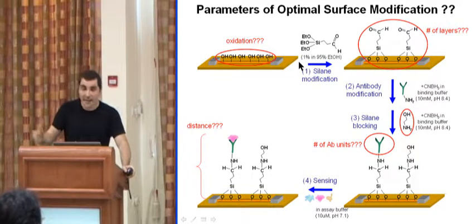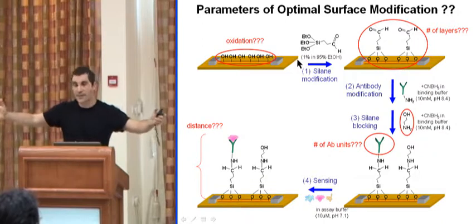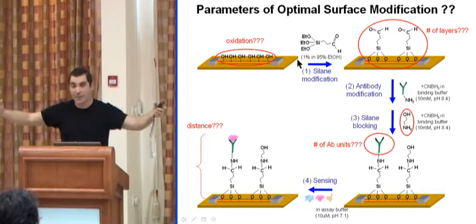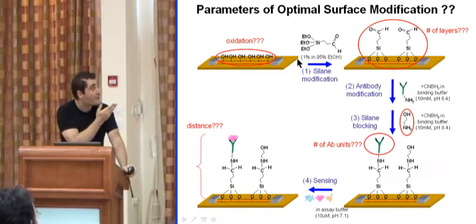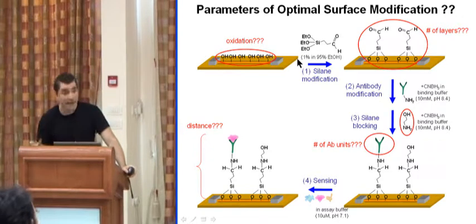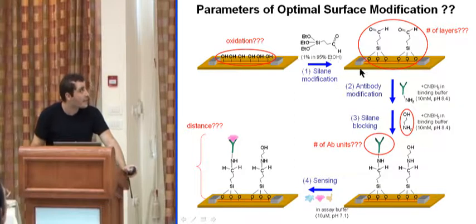Debye length is the minimum distance that two charges can be apart and still feel each other. So if the thickness of the film is too big, then we won't get any sensing. So we need a very thin film. We need to optimize the chemistry, and that's what we did.